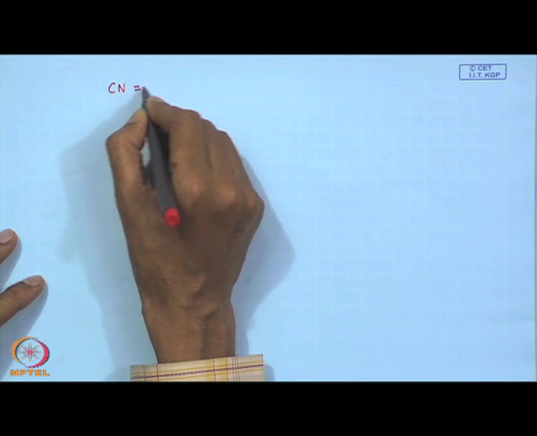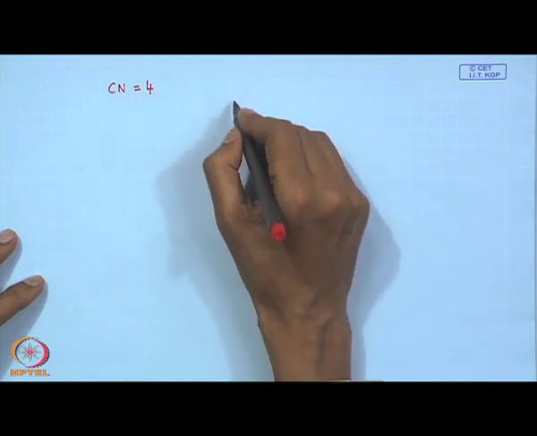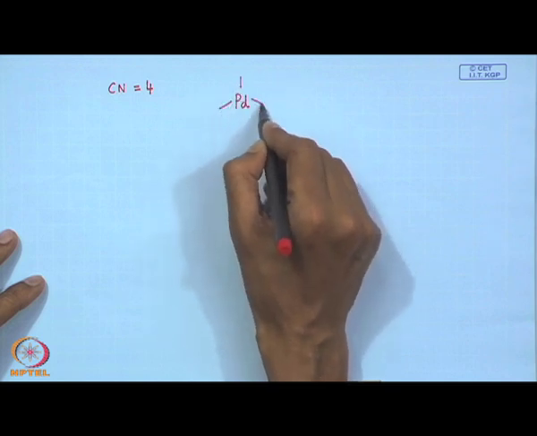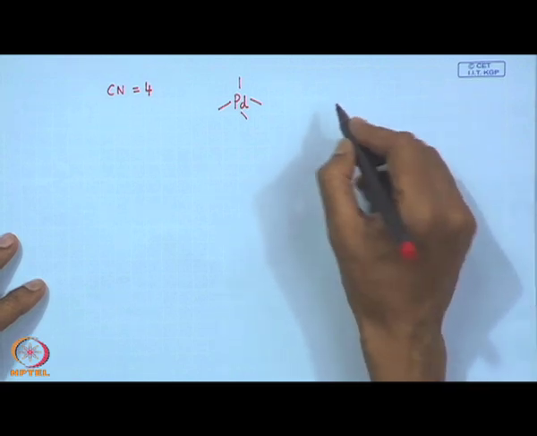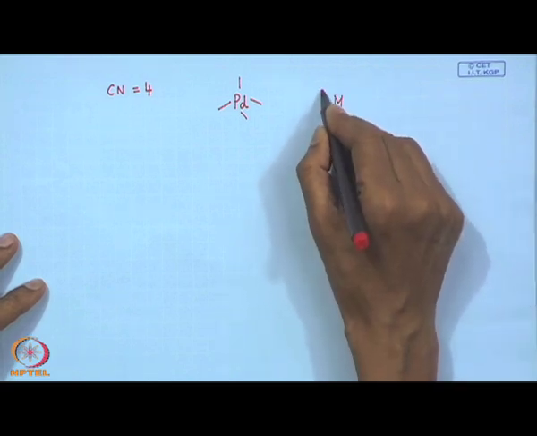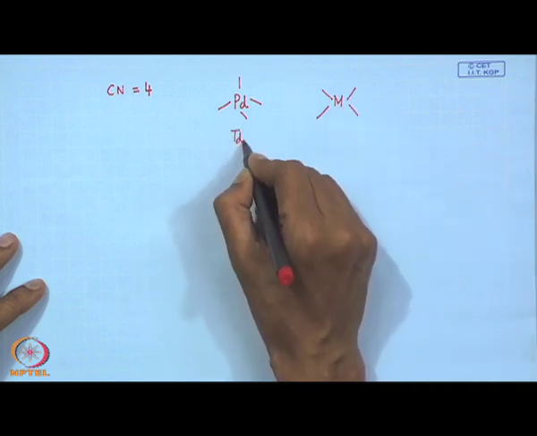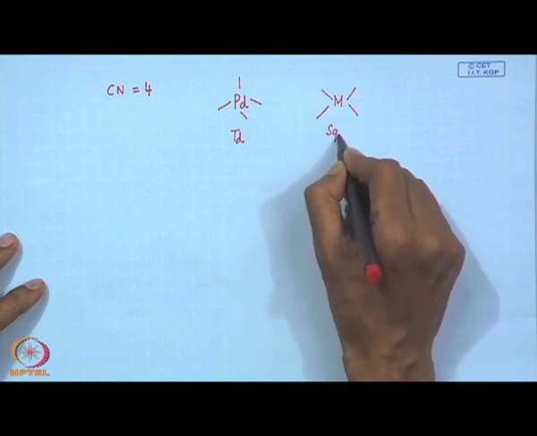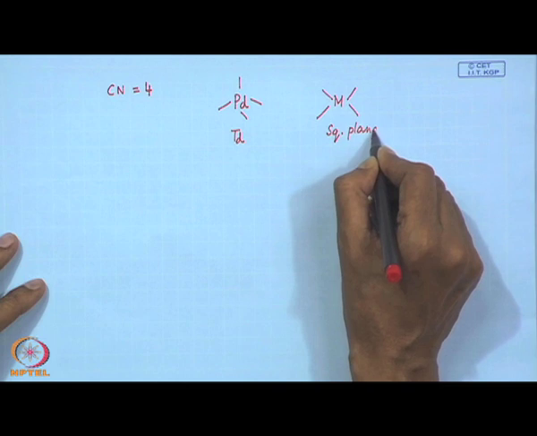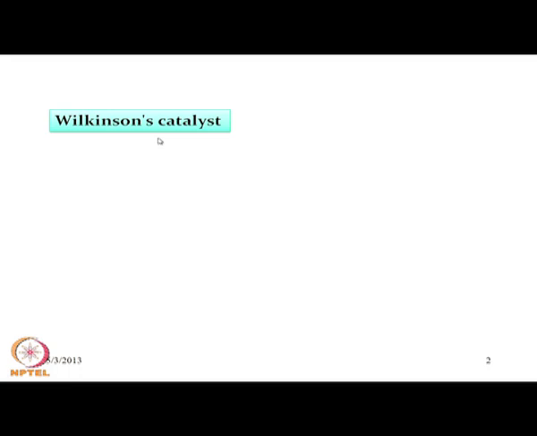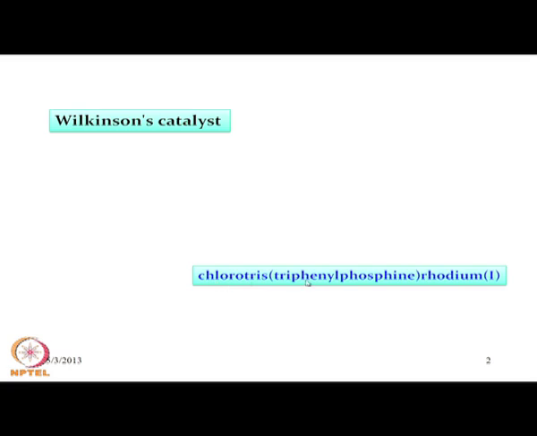If we have a coordination number of 4, and just now we have seen the palladium center, then we can have any other metal center where we can go from a tetrahedral geometry to a square planar one. One such example is our Wilkinson catalyst, which is nothing but chlorotris(triphenylphosphine)rhodium(I).